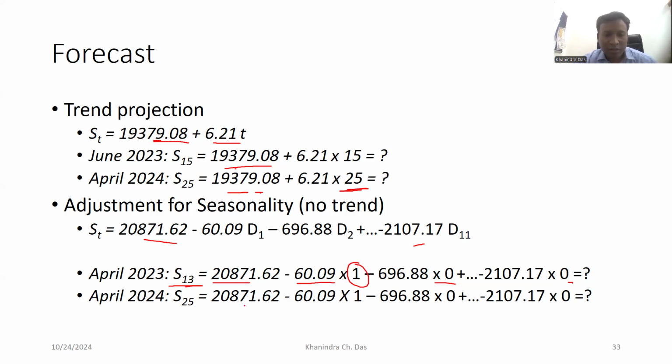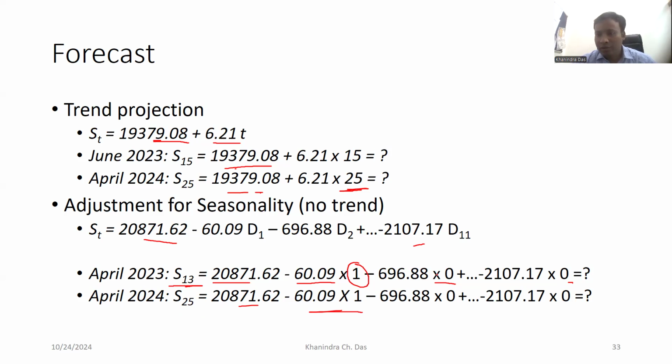And likewise, constant remains the same if you have to forecast for next year's April, it will have a similar value because here you are not taking into account the impact of time.